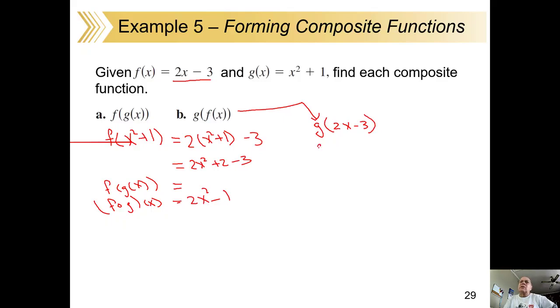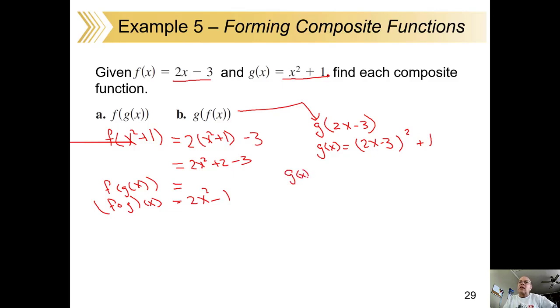What does g do? Well, look at g. It squares what it gets and adds 1 at the end. So g of x is going to be, well, this is where we use the parentheses. This is what g looks like. It squares, it adds 1. Well, what does g of x get? G of x gets the 2x minus 3. Now, simplification.